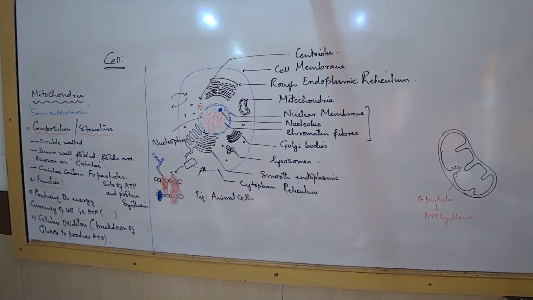You will get questions like what does the mitochondria produce? Just separate one-mark questions also you will get this way. Semi-autonomous organelle. Organelle, O-R-G-A-N-E-L-L-E. Yes, correct. LE singular, LES plural.